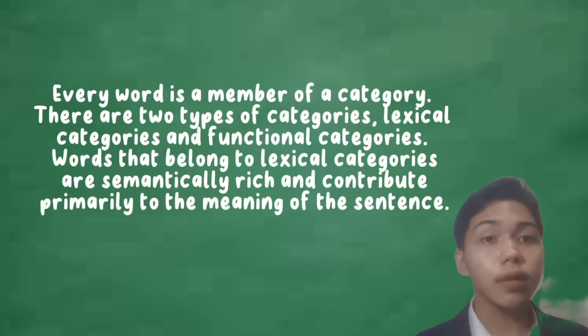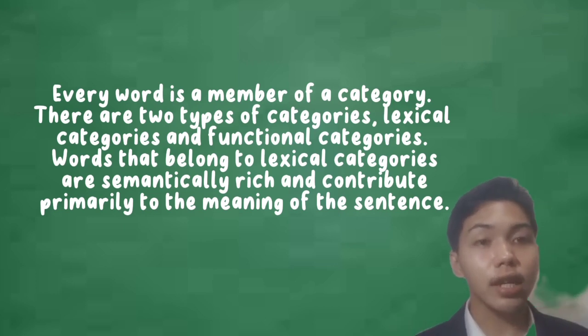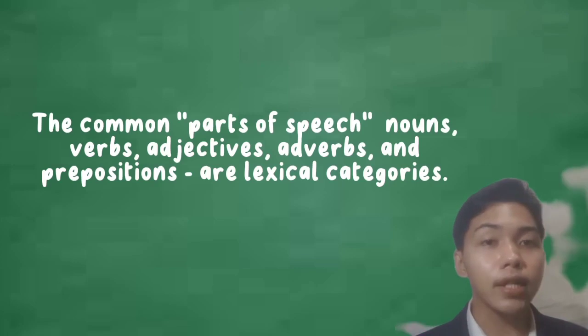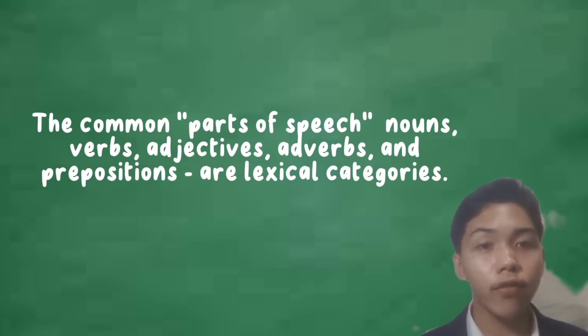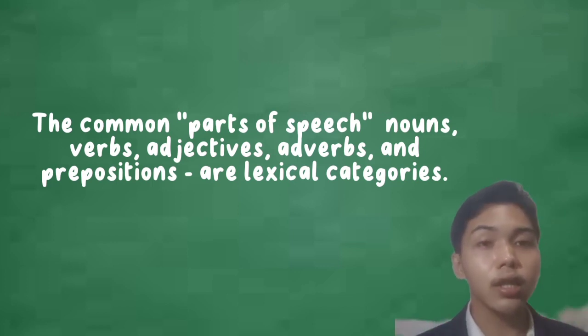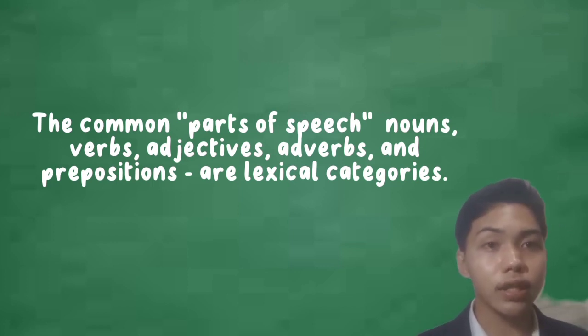There are two types of categories: lexical categories and functional categories. Words that belong to lexical categories are semantically rich and contribute primarily to the meaning of the sentence. The common parts of speech, nouns, verbs, adjectives, adverbs, and prepositions, are lexical categories.